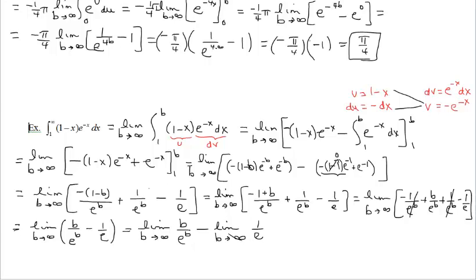It's over here that I was concerned about. If I plug in infinity for b here, I'm going to get indeterminate infinity over infinity. So what that tells me is I need to use L'Hopital's rule.